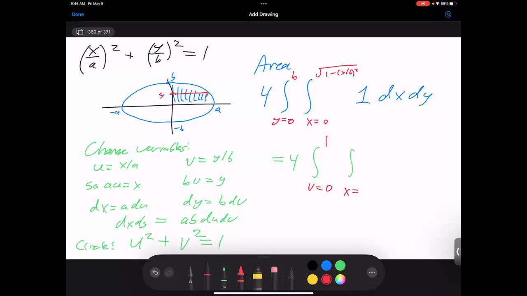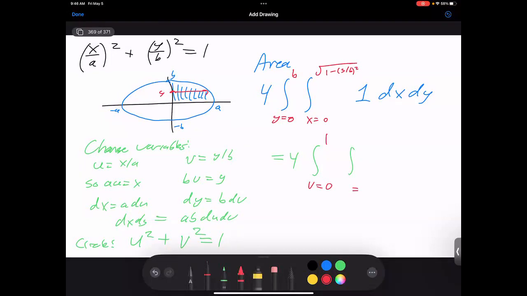Now let's look at the range for u. When x equals 0, what's u going to equal? 0. And now, when we take the square root of 1 minus (y over b) squared, well, y over b is just v, so this is the square root of 1 minus v squared.